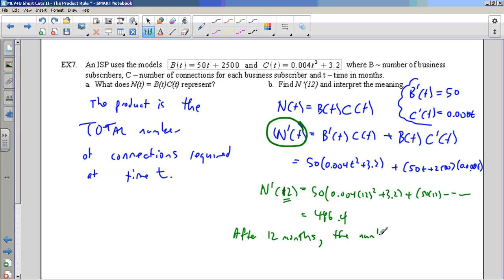The number of connections required is increasing by 486.4 connections per month. That doesn't make any sense, but that's okay. And I like that example. That's a nice business example.